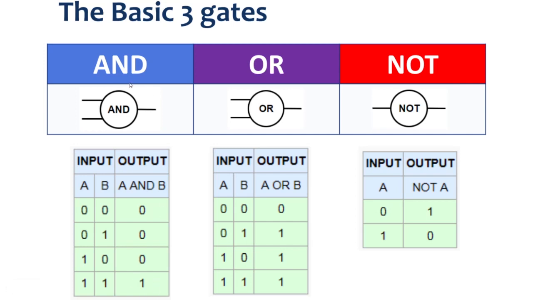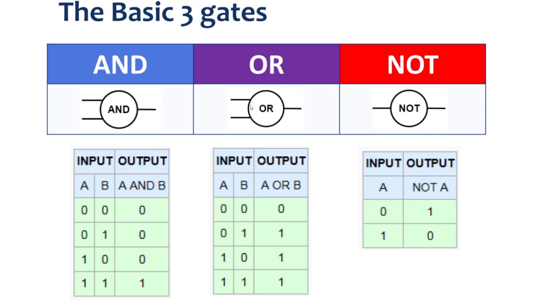So the AND gate is as its name says. Both inputs have to be positive for the output to be positive.